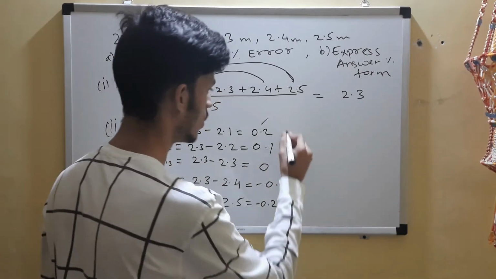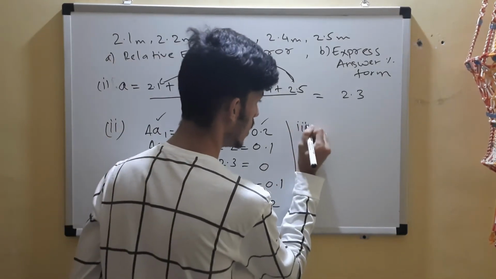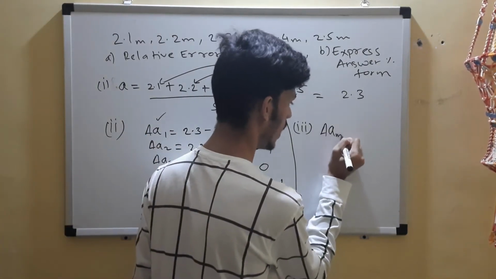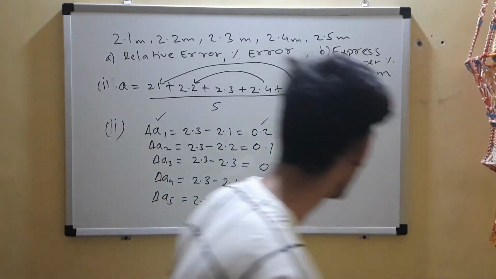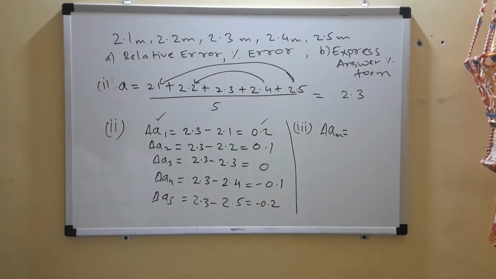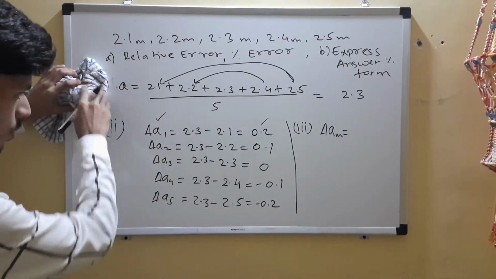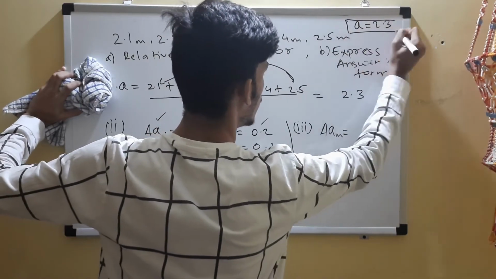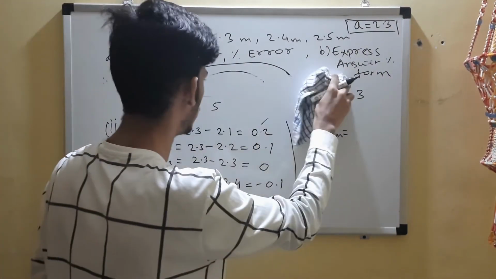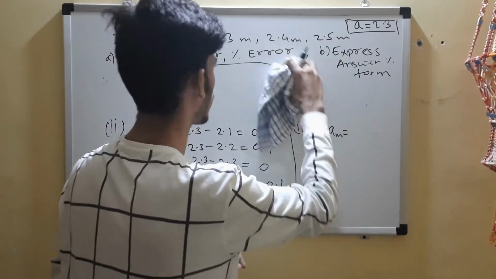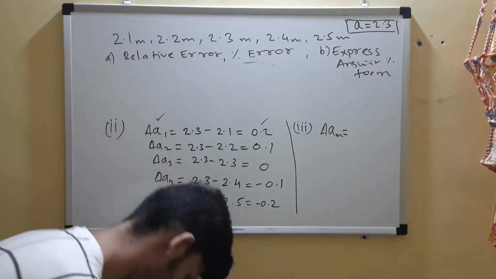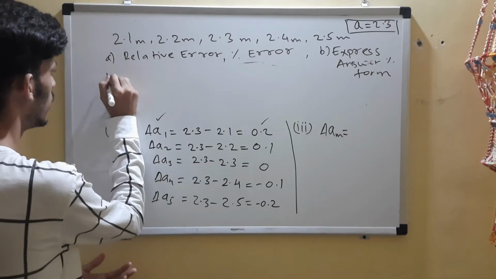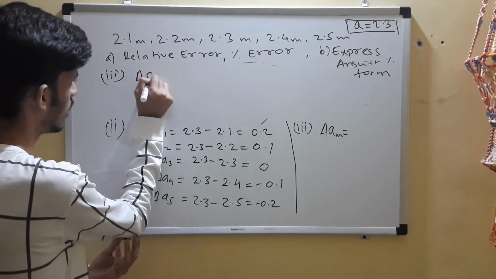Now because we need to calculate the mean absolute error, we are going to calculate all of those. So delta A mean is represented by that letter. I'll remove this to create some more space. So we'll note this down: A is 2.3, so the true value is 2.3. So 3 is to calculate delta A mean.